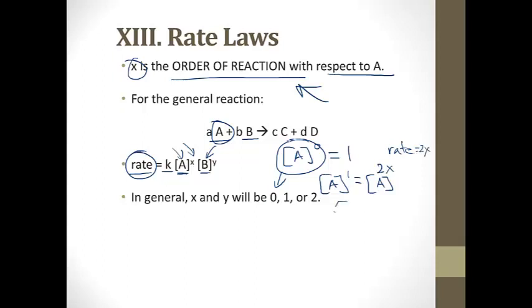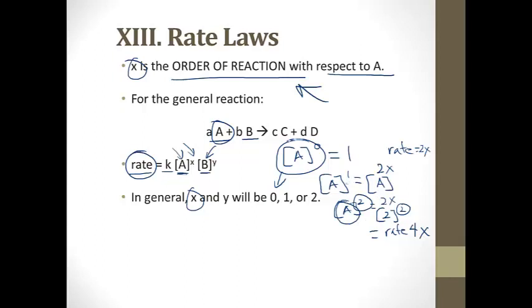Now, if the order was second order, that means if I doubled A, whatever I did to A would have a squared effect. That means the rate would increase 4 times. Whatever you did to the concentration, it'll have a squared effect on the rate.